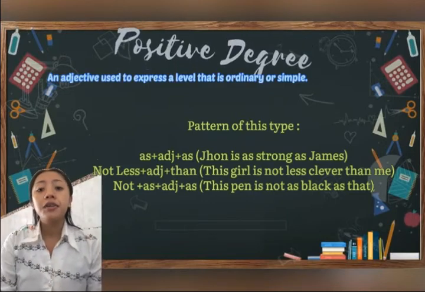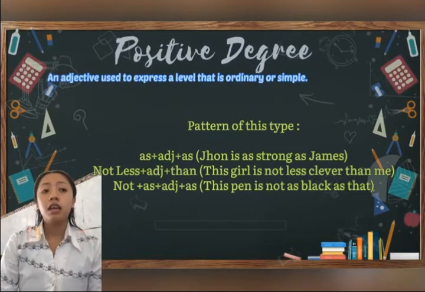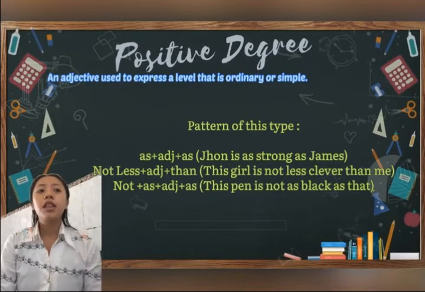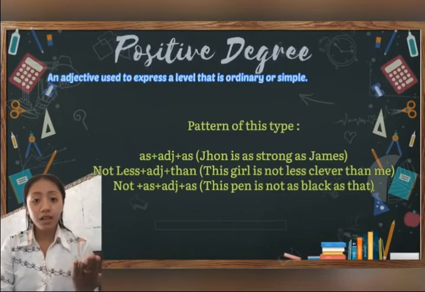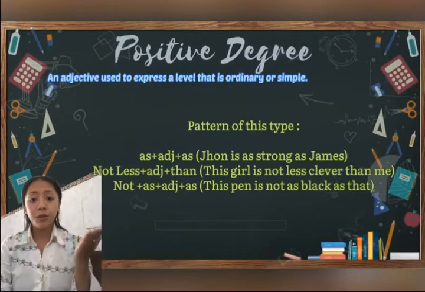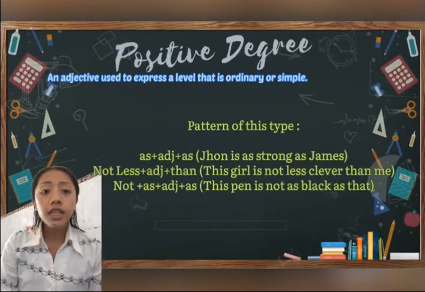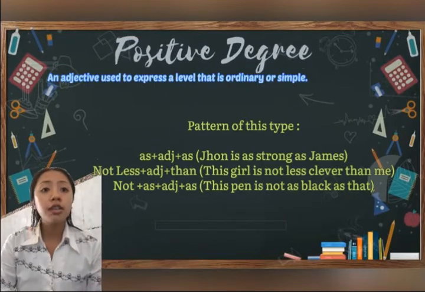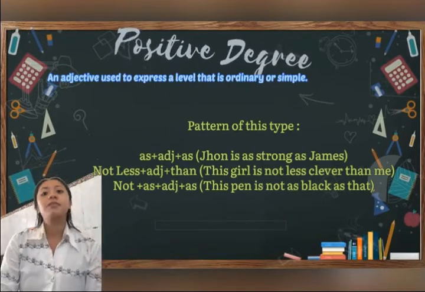The third pattern is not plus as plus adjective plus as, and the example is this pen is not as black as that.